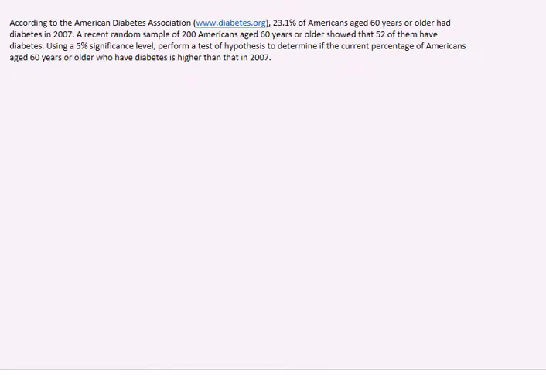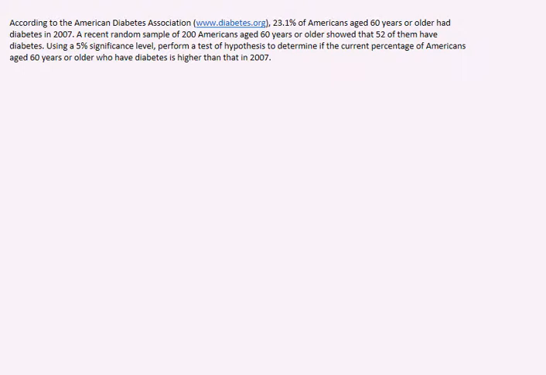Alright, so let's go ahead and do an example, and we'll work through this pretty slowly, and I'll explain everything as we go. Right? So according to the American Diabetes Association, 23.1% of Americans aged 60 years or older had diabetes in 2007.